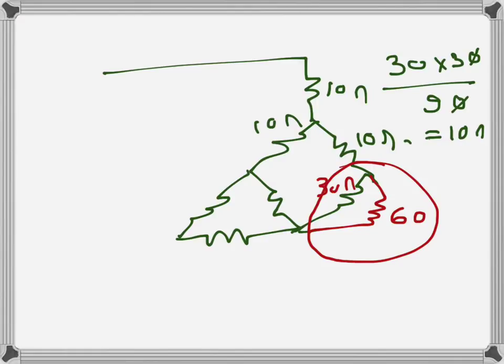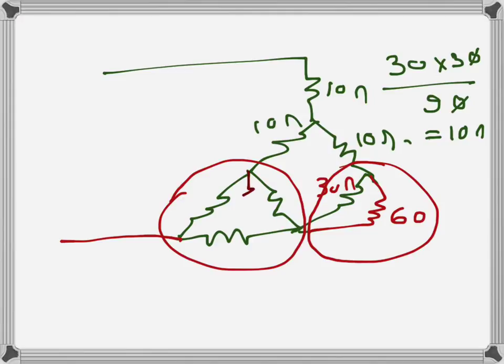Now for this part, this is still a delta because of the connection. So here again we need to convert this part into Y as well. Maybe in this diagram, so that it becomes easier to understand and clearer that way.